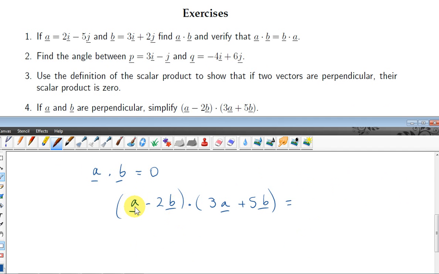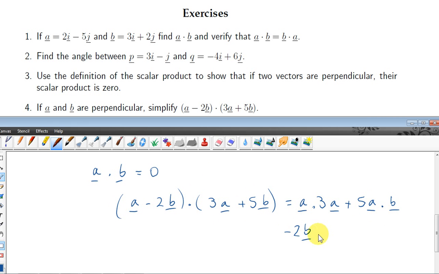Okay, we saw in a previous video that the dot product is distributive over addition of vectors. So we can take vector a and distribute it into this sum here. So we have a dot 3a. And then we can take vector a and dot it into this, and we can take the scalar 5 to one side, 5a dot b.